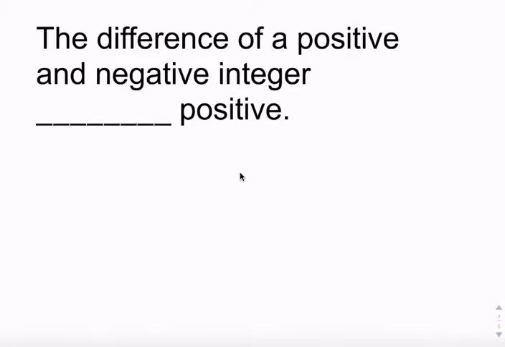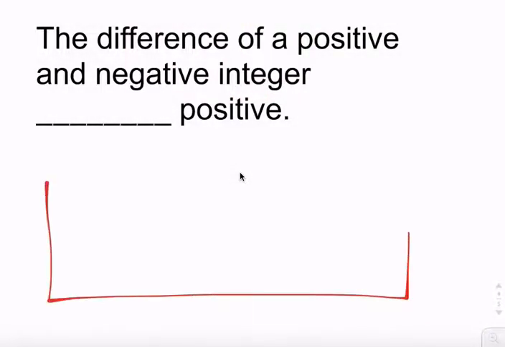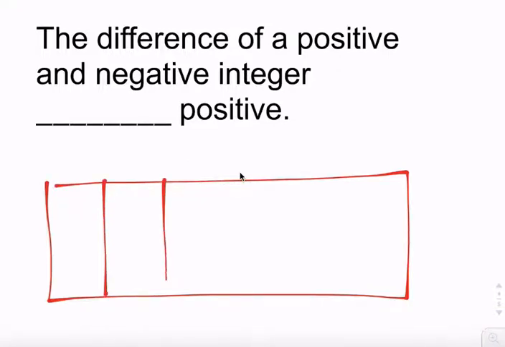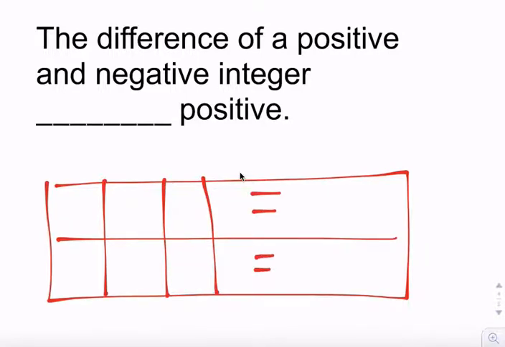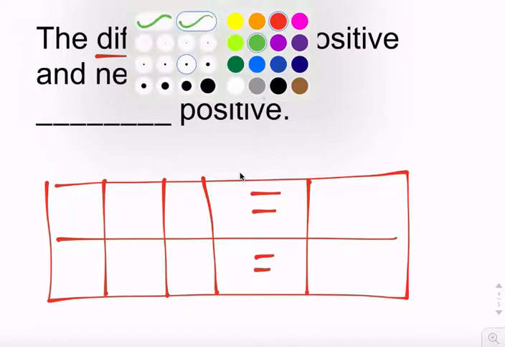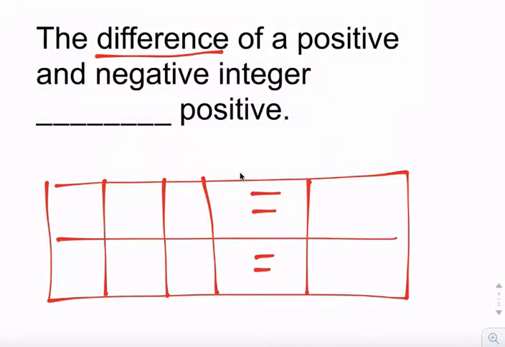The difference of a positive and a negative integer is blank positive. So I'm going to create my table again. Number, sign, number, what it equals, and then its solution. Well, the operation that they want me to do is difference. So difference in this case means subtraction.